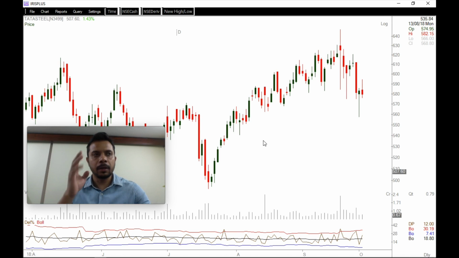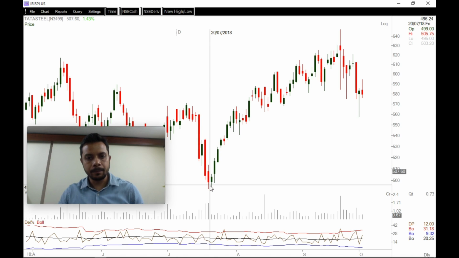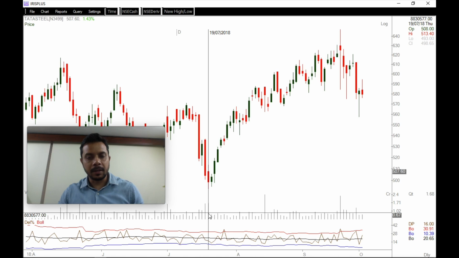If you think from an institutional perspective, an institution or a group of people who are quote unquote smarter than the rest of the market would like to buy it cheap, when the markets are coming down, when prices are falling. So I would always prefer to find a combination where the stocks have come off, it's been a downtrend, absolute volumes have been exceptionally high.